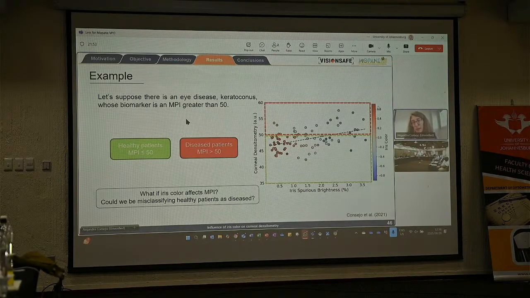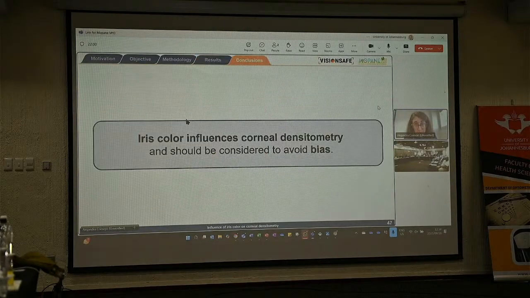So we feel confident that the eye color is really playing a role, and that it should be taken into consideration as a confounding factor when we are trying to objectively assess the densitometry, especially for studies where we are trying to diagnose certain diseases.